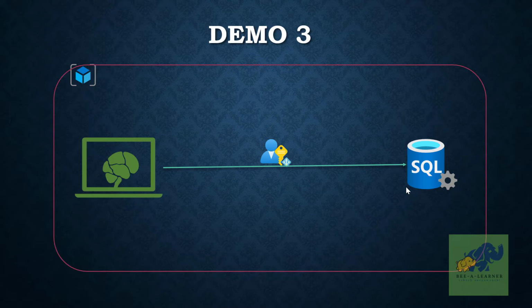In most cases, the password is the SQL Server administrator password, which is not good practice, because if the administrator username and password are compromised, then the entire SQL Server or the database is going to be compromised. Even if you are storing it in the Key Vault, it's always going to be risky.